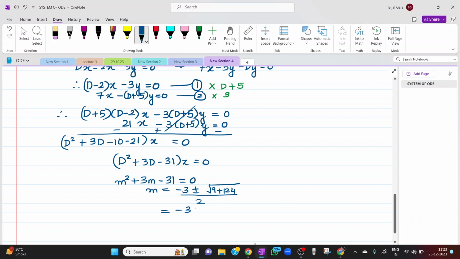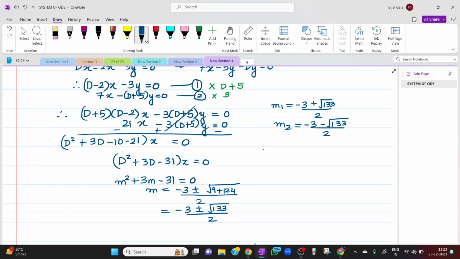So that's negative 3 plus or minus under root 133 divided by 2. So if I call m1 as negative 3 plus root 133 divided by 2 and m2 as negative 3 minus root 133 divided by 2.